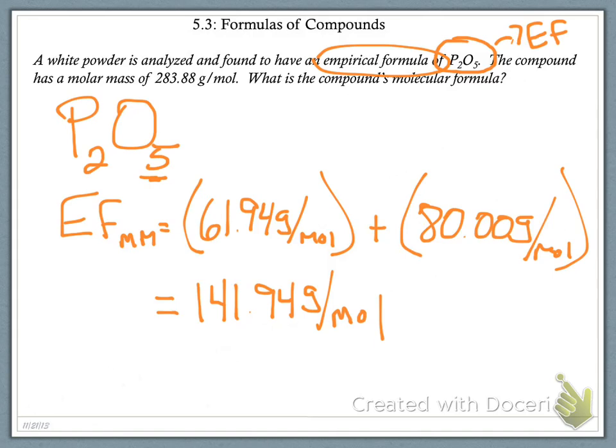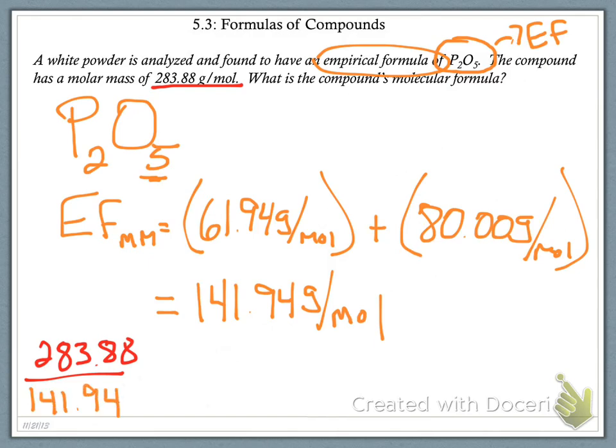Now, we want the molecular formula molar mass. So what do we know? Well, we know the molar mass of the molecular formula. We need to find out what that exact molecular formula is. So we're going to take the molar mass of the molecular formula, 283.88, and we're going to put that over the molar mass of the empirical formula, 141.94.